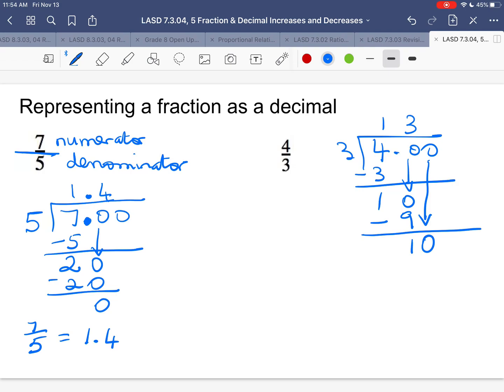So I'm seeing a 10 again, divide by 3 I get 3, subtract 9, I get 1 again. So this is going to repeat indefinitely. I'm going to keep getting 3s like this. So this is a repeating decimal. Here's your decimal place. And we would write it like this. 4/3 is equal to 1.3 repeating.